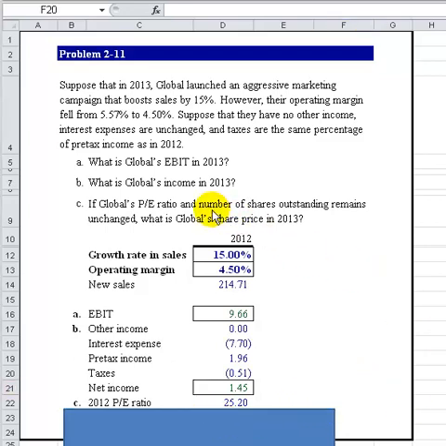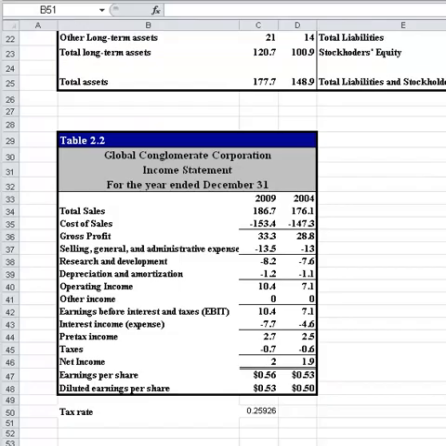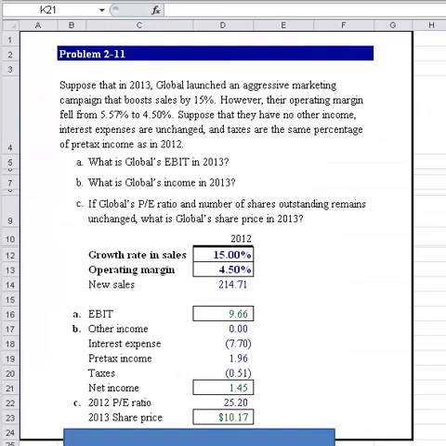Then on part C it says, if Global's PE ratio and number of shares outstanding remain unchanged, what's its share price in 2013? If we're given the price to earnings ratio of 25.2, then we can compute the share price.